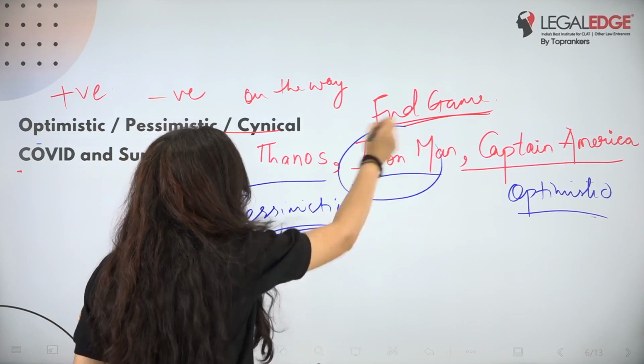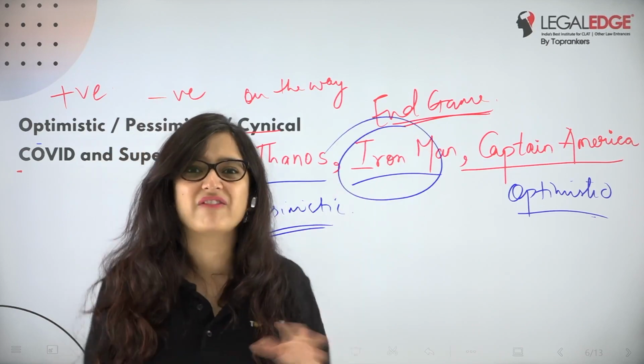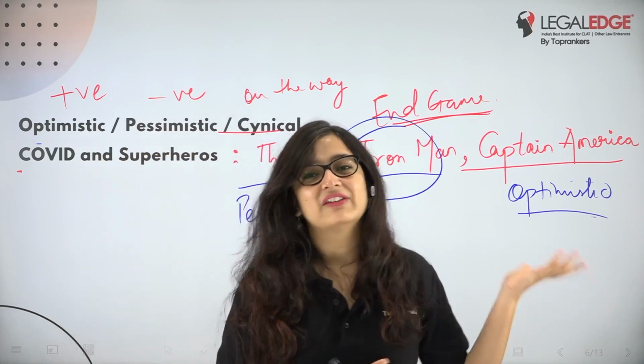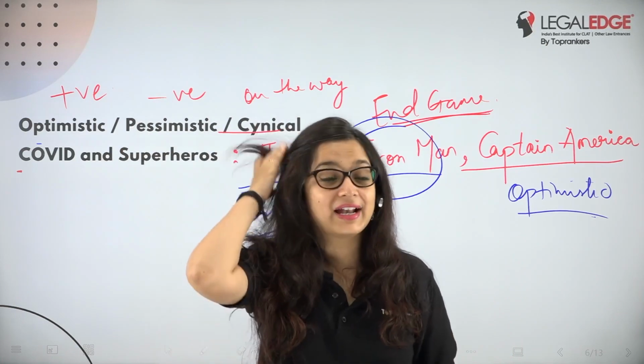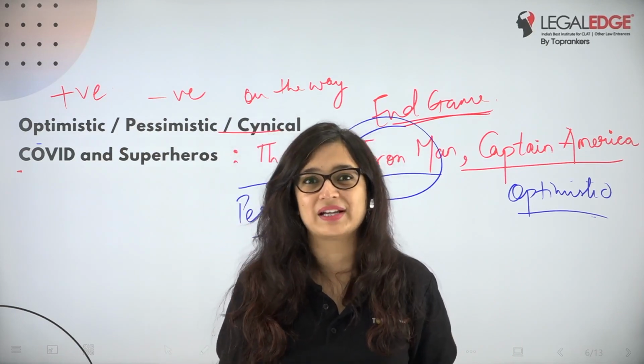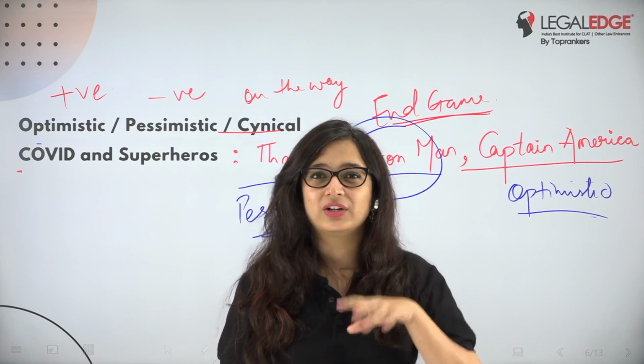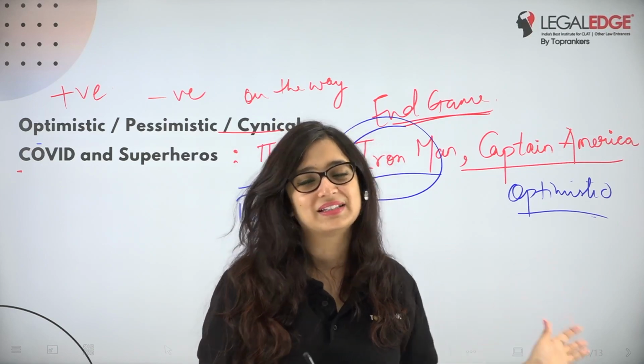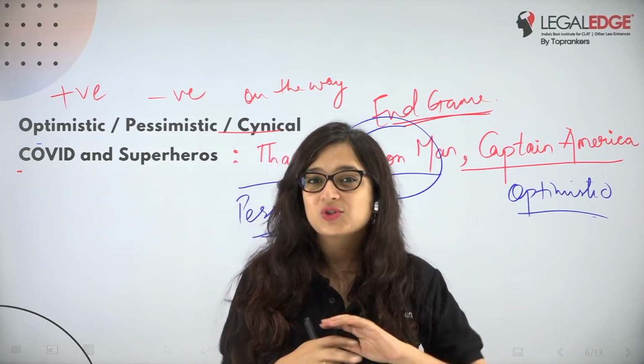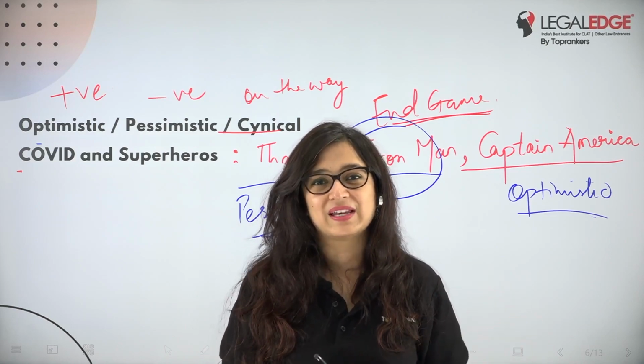But Iron Man, on the other hand, had lost everything. He definitely is my favorite character, but he had lost everything and he was so upset. He actually went ahead and told these other two people that there is no way we can defeat this person now.